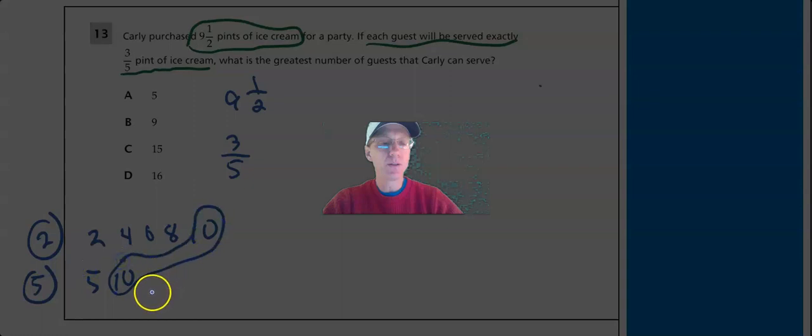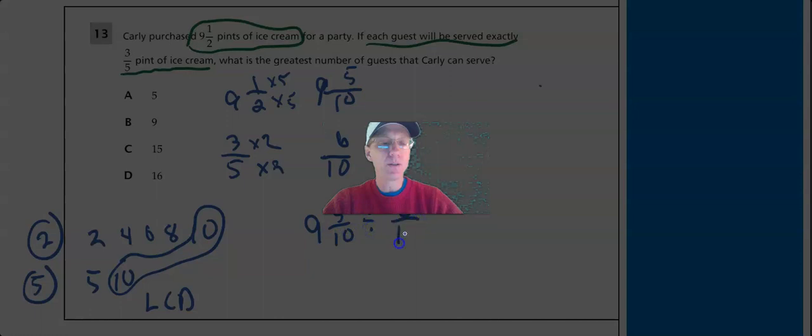That becomes my least common denominator. So let's make both of these into tenths. 2 times what is 10? 2 times 5, so 5 tenths. That becomes 9 5/10. 5 times what is 10? 2, so I'll multiply this by 2. That becomes 6 tenths. So my new problem is 9 5/10 divided by 6 tenths.